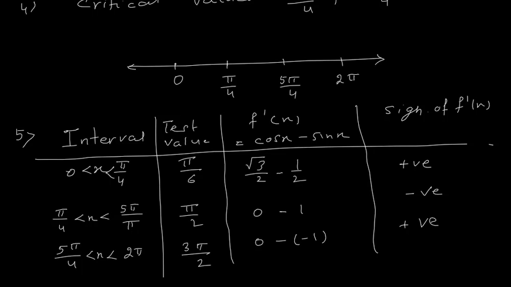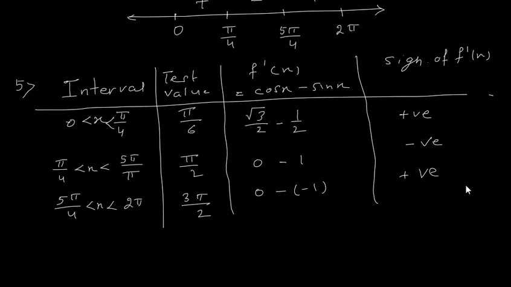So here in 0 to pi upon 4 we have a plus sign, pi upon 4 to 5 pi upon 4 we have a minus sign, and again here we have a plus sign. So f dash x is positive in the first and this last interval and negative in this second interval.